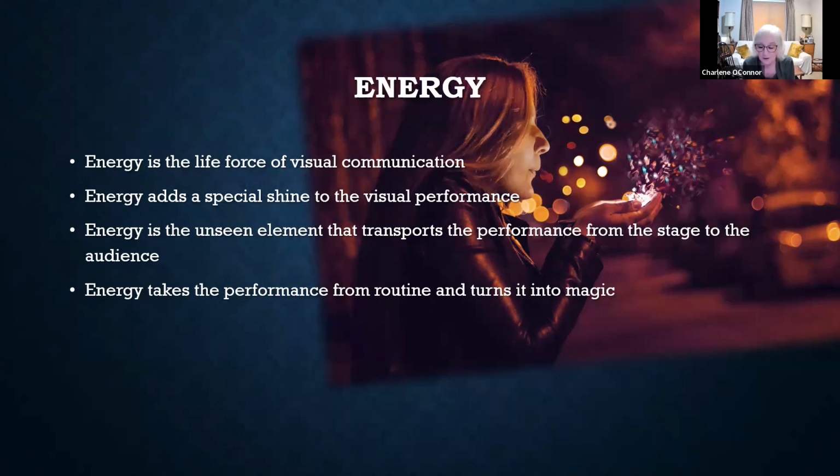One of the things I think about when I think of energy is hearing a director say something like, I need more energy, give me more energy, I don't see enough energy. So there are different levels and different kinds of energy. Today we're talking basically about visual energy, but we also have to have the vocal energy as well. So they go hand in hand.